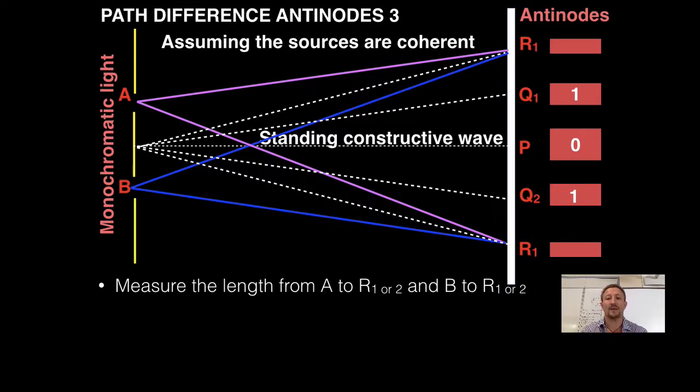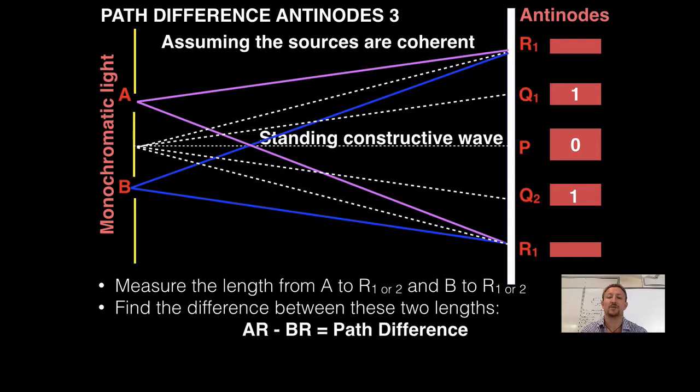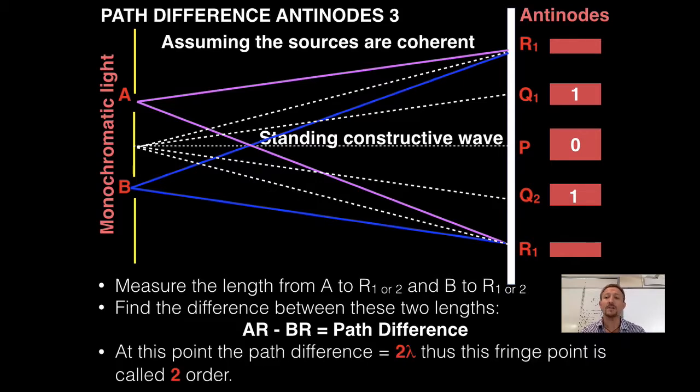Now, when I work out the difference between these two lengths, AR minus BR, doesn't matter which one we're talking about, the result is they're going to be 2 wavelengths different from the standing constructive wave that we had at point P. So as I said to you, if the wavelength happened to be 2 meters, in this case the difference between AR1 and BR1 will be 4 meters.